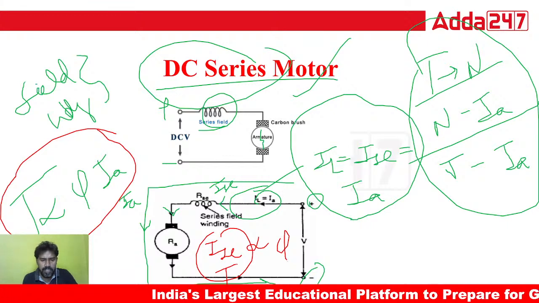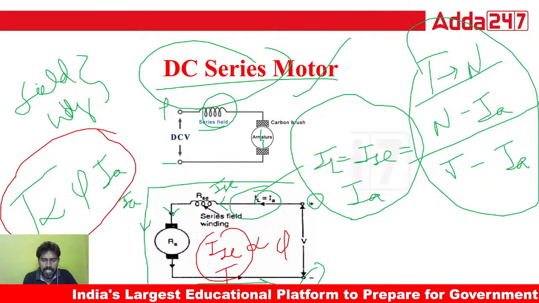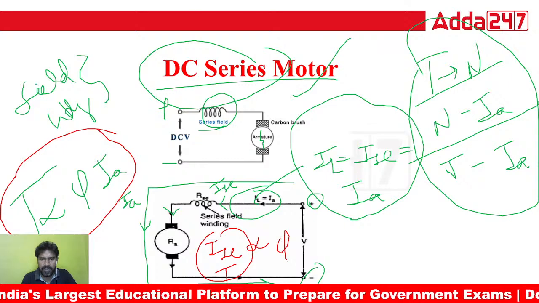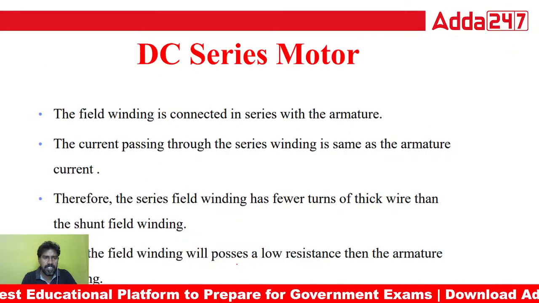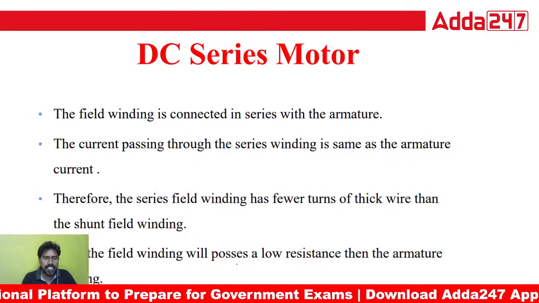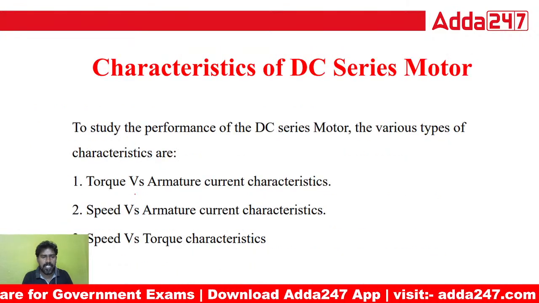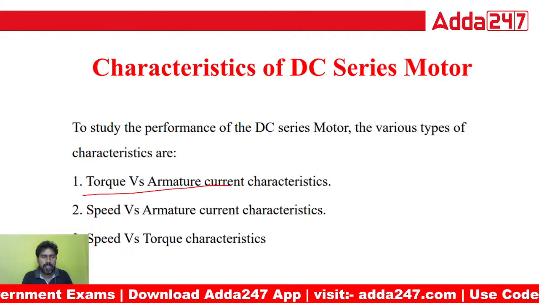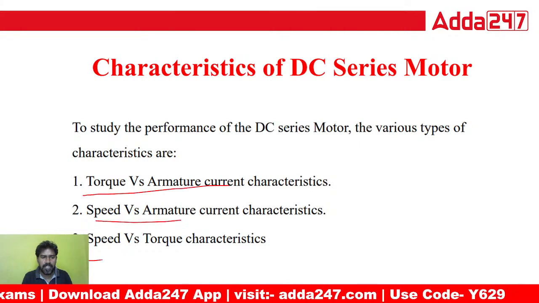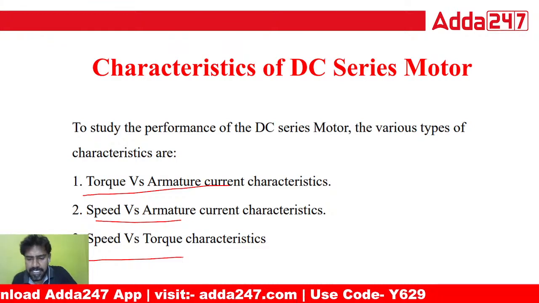Because the current is always the same in a series circuit, now we can draw the characteristics of a DC series motor. You will get the same characteristics: torque versus armature current, speed versus armature current, and speed versus torque characteristics.